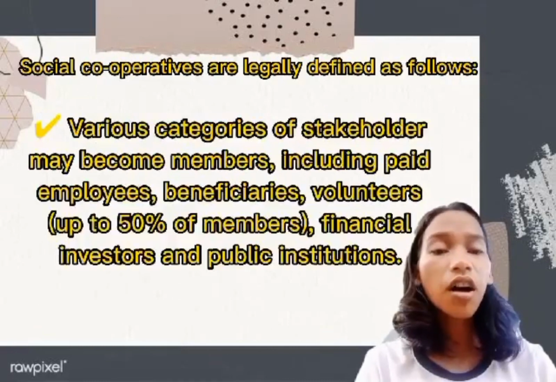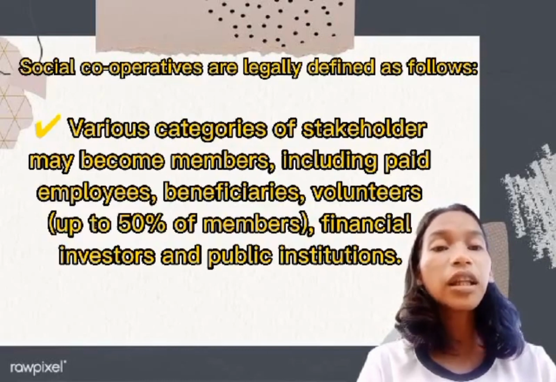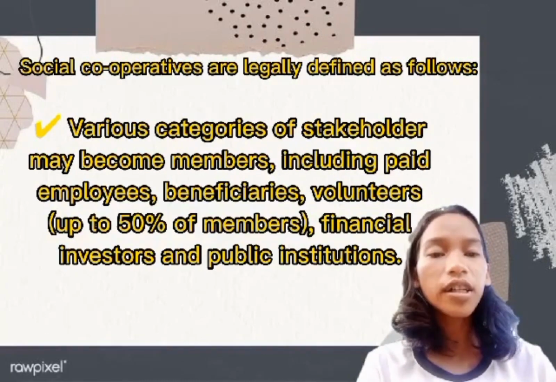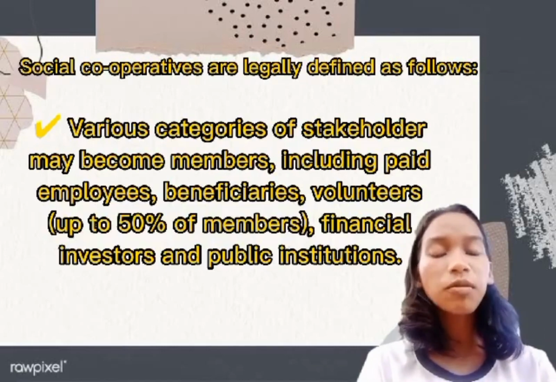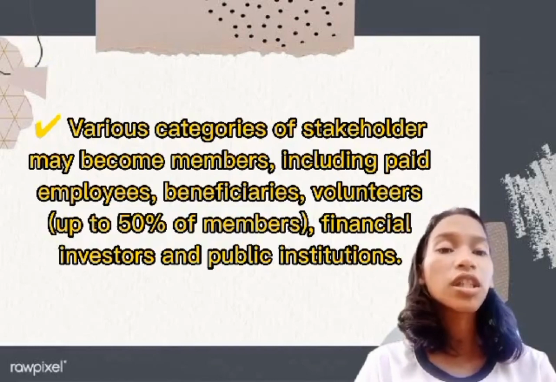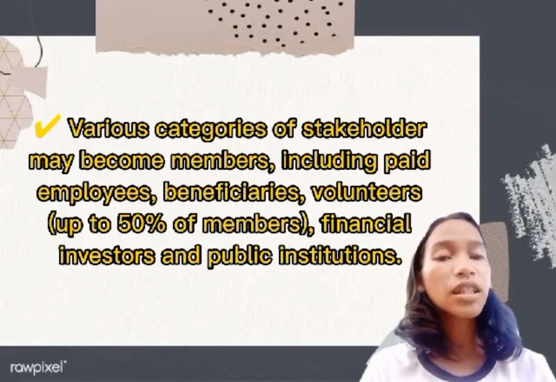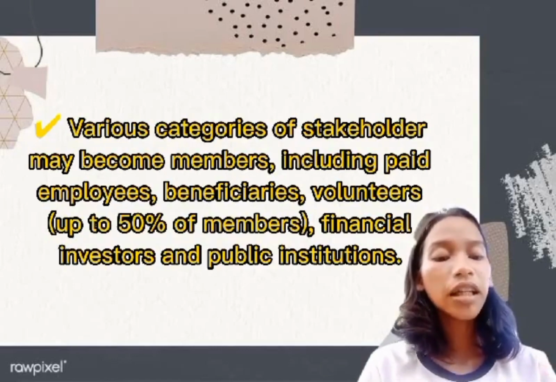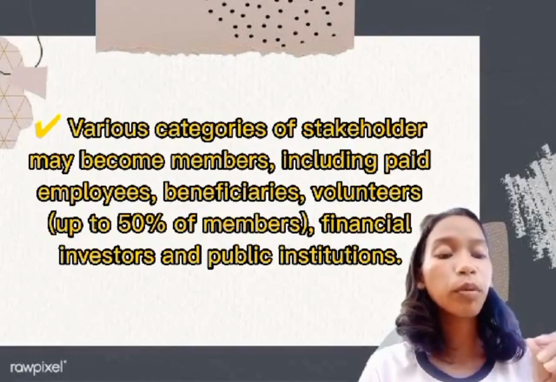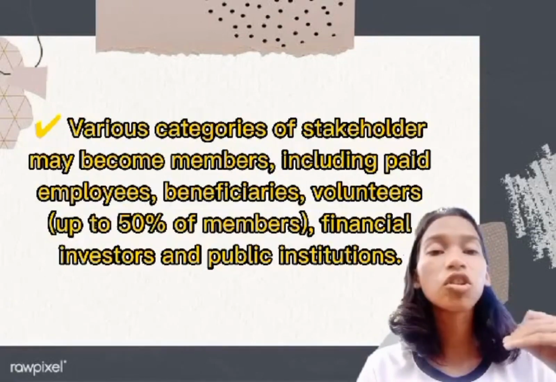Various categories of stakeholders may become members, including paid employees, beneficiaries, volunteers, up to 50% of members, financial investors, and public institutions. Examples of financial investors are venture capital firms or private equity firms, and examples of public institutions are government offices, universities, and colleges.